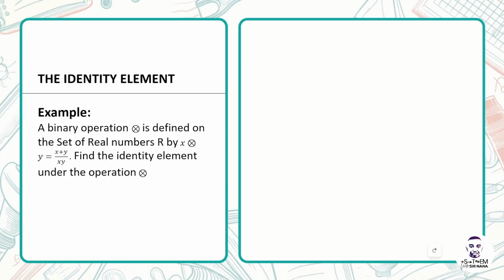So the question gives us a binary operation, x operation y, which is equal to x plus y all over xy. Now for us to be able to solve, you must write the general form.